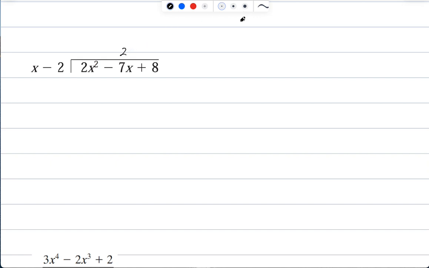I'm going to write 2x on top. Then 2x times x is 2x squared, and 2x times negative 2 is negative 4x.